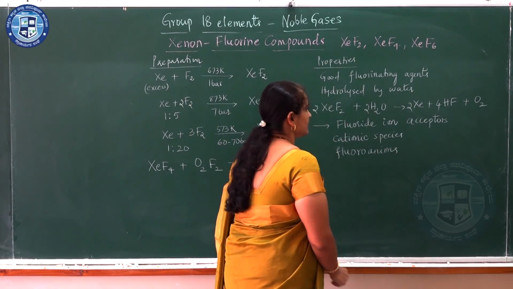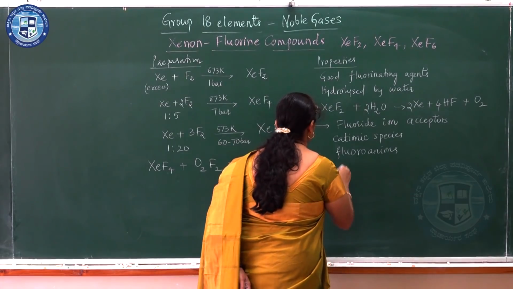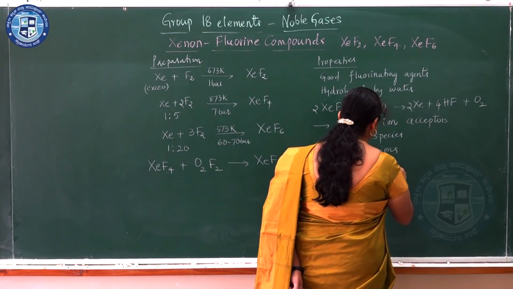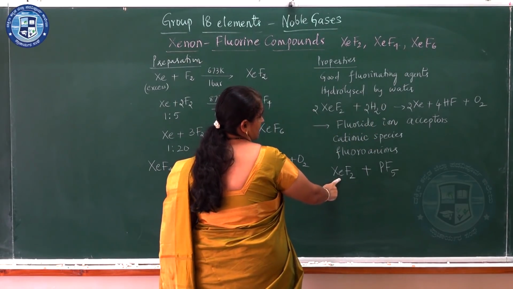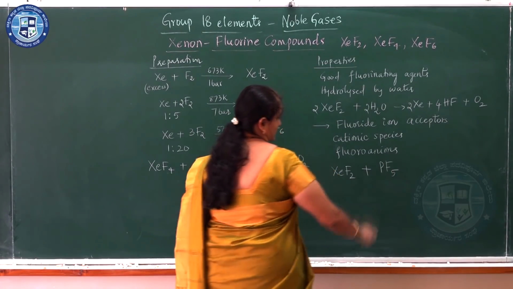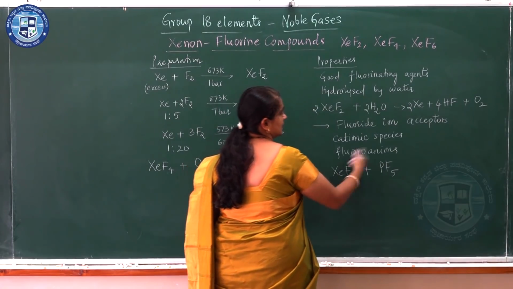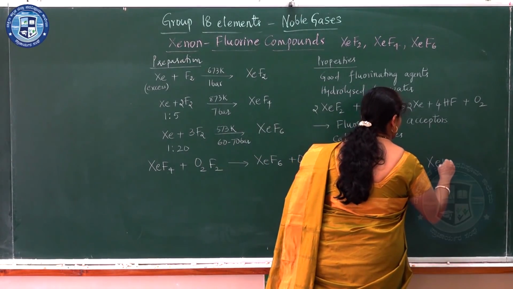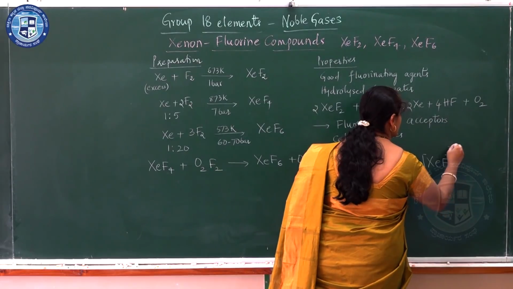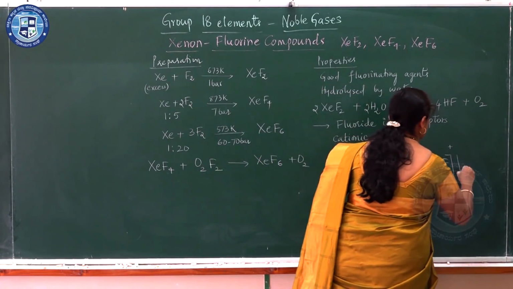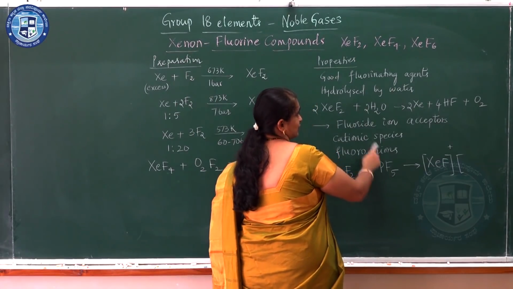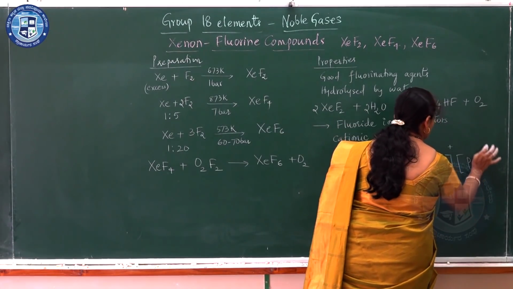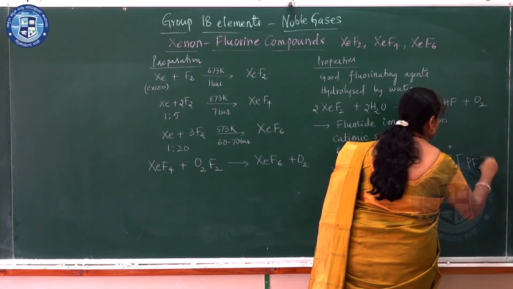I will write one simple equation here: XeF2 with PF5. These difluorides are fluoride ion donors; one fluorine goes from here to PF5, which is the fluoride ion acceptor. So I have XeF+, and PF5 will take one fluorine and end up as PF6 minus.